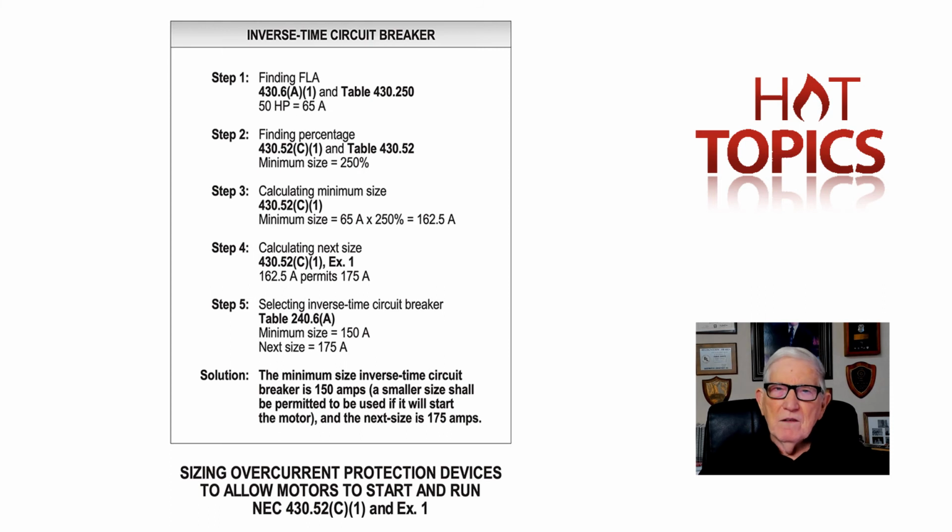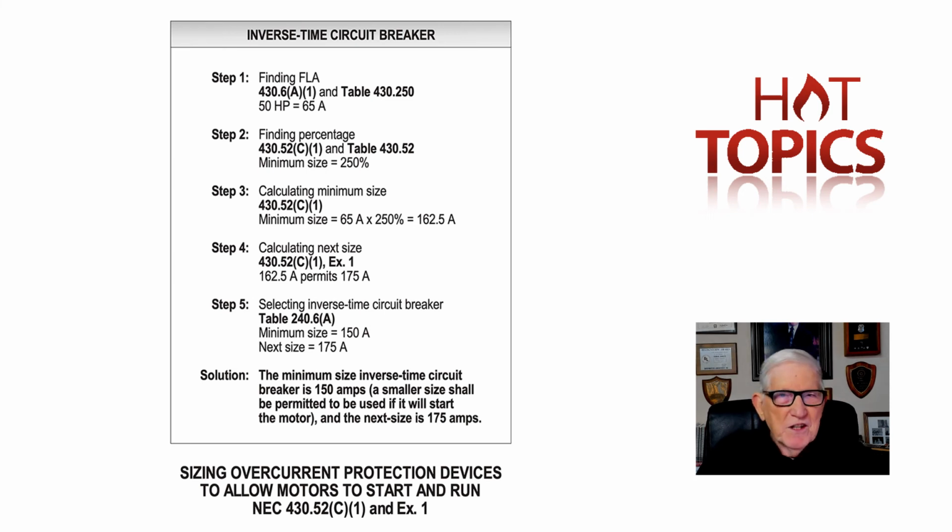But now the exception 1 per 2002 NEC and other revisions after that basically states that you have a choice. It shall be permitted to round it up or you don't have to round it up. But if you want to round up, you can. So the next size above 150 naturally would be 175.